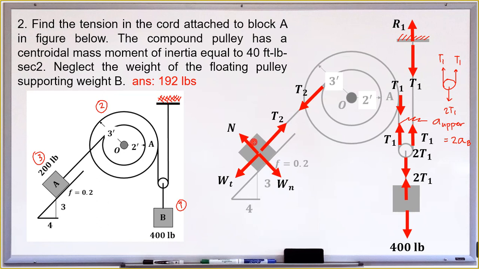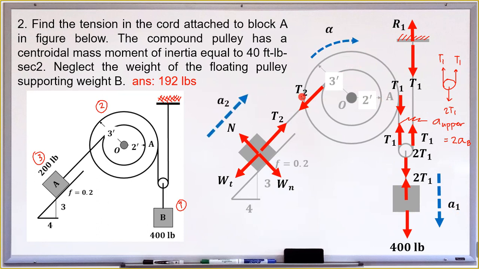Which way will it travel, block A or block B, upward or downward? If we analyze their weights, block B is heavier than block A, therefore block B moves downward. It has its acceleration A1. Then, for our compound pulley, if block B goes downward, the rotation of the compound pulley is clockwise.